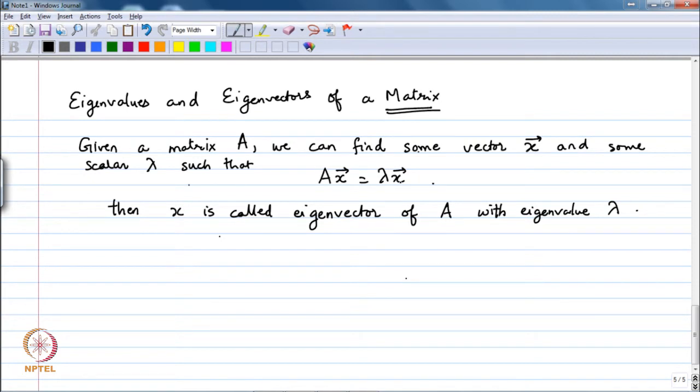So, if you have a different eigenvector, you will have a different eigenvalue. Okay. So you could have something like this, you could have two eigenvalue eigenvector pairs.